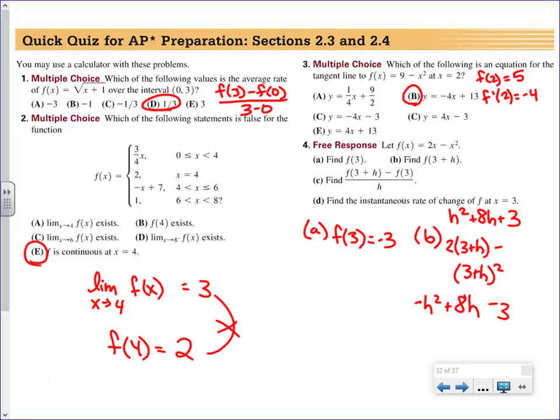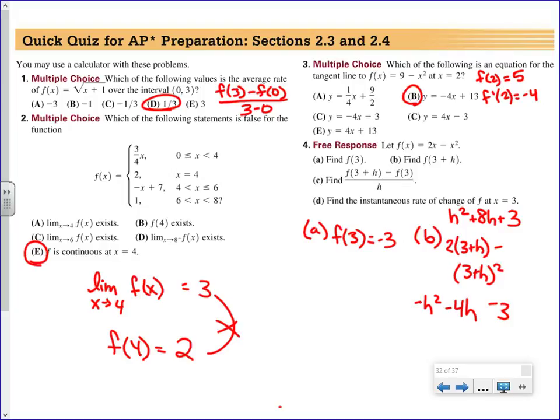So then 2h minus 6h. Negative 4h, right? Because it'd be 6 plus 2h minus h squared minus 9 minus 6h. So 6 minus 9 is negative 3. 2h minus 6h is negative 4h. And then h squared is just a negative. Does that sound better?